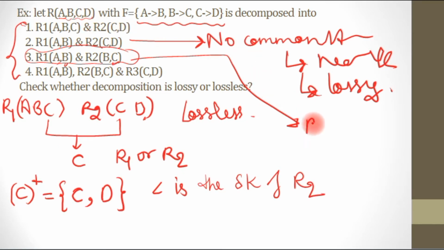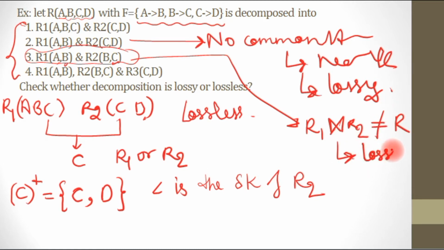What I am trying to say is that if I join R1 and R2, then I cannot get R. So this decomposition is lossy decomposition. Now check the fourth decomposition. In this decomposition, the original relation has been decomposed into three subrelations.